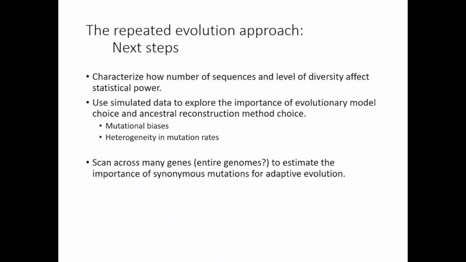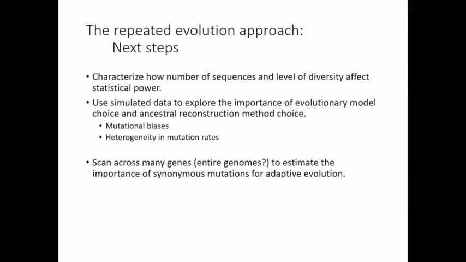If we're able to expand that, how much are we going to gain in terms of our power to detect patterns? And then what Angela is going to do in the next little while is generate a bunch of simulated data and see how robust this approach is to a variety of different things that might be going on.